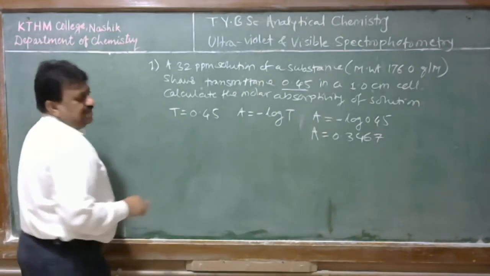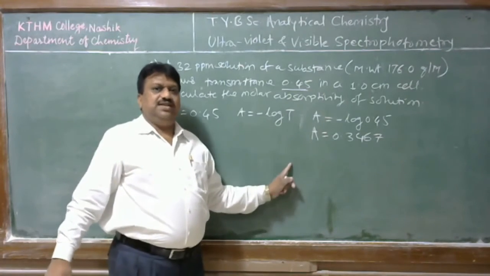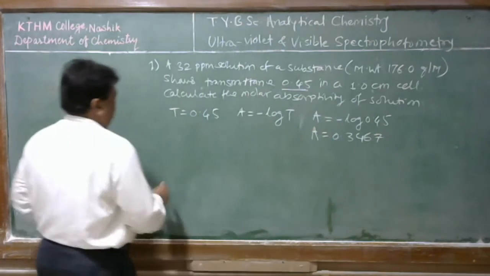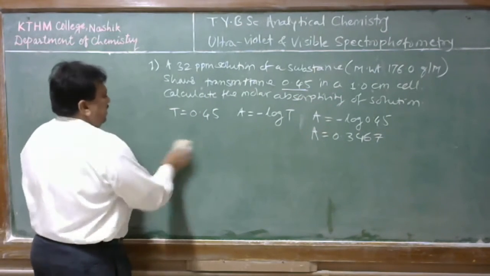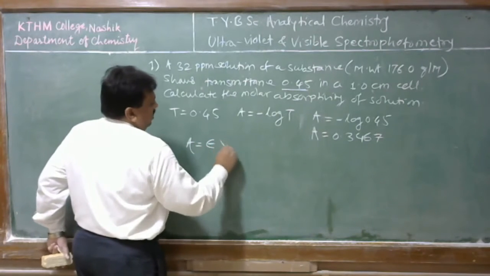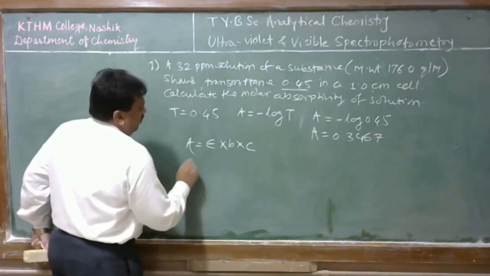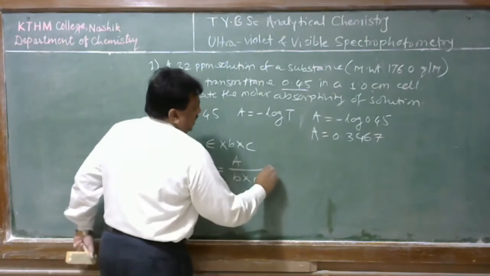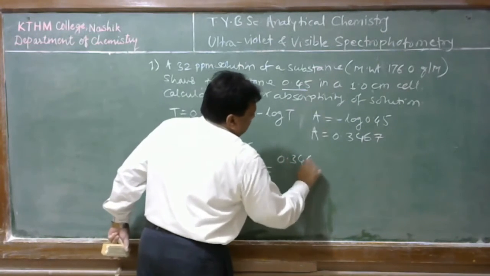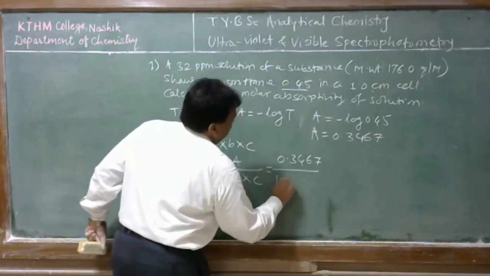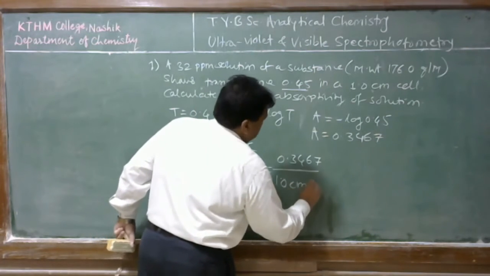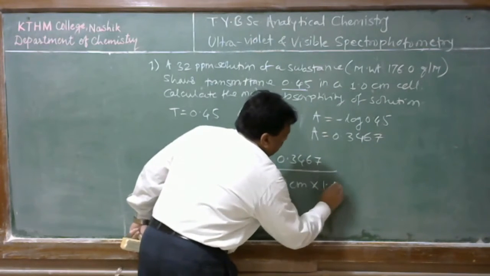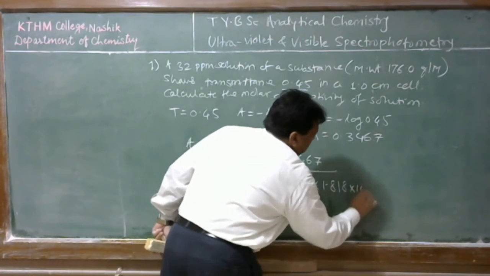Now we can utilize absorbance, concentration, as well as path length for calculation of molar absorptivity. Therefore, A is equal to epsilon into B into C, so epsilon is equal to A upon B into C. A is 0.3467, B is 1.0 centimeter, and the concentration we found is 1.818 into 10 raised to minus 4.